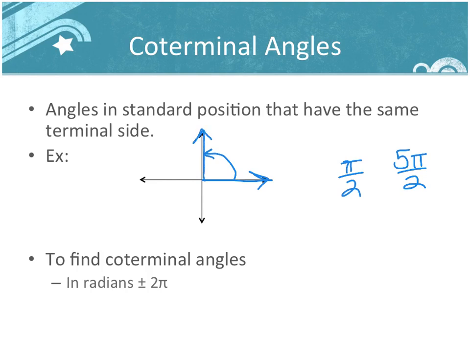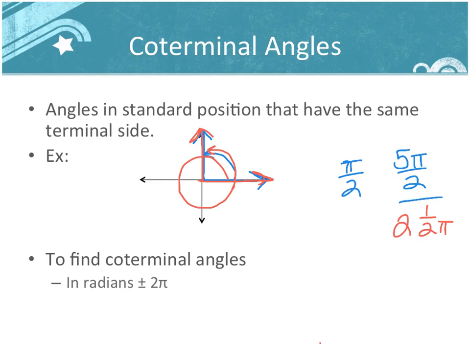When you go to graph 5 pi over 2, you want to convert that into a mixed number. So 5 over 2 is 2 1/2 pi. 2 pi tells you you're going all the way around the circle once, and then 1/2 means 1/2 past 2. So these have the same initial and same terminal ray, but one goes around the circle one more time, or one goes around the circle one less time, depending on how you're looking at it. Those are called coterminal angles.